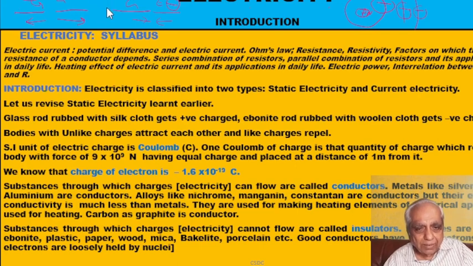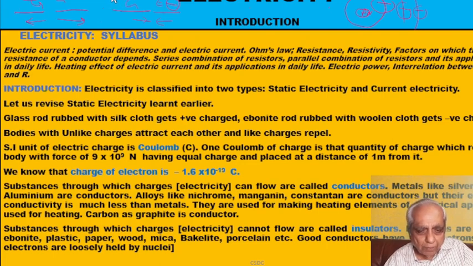As they are weakly held by the nucleus, if we give some energy, if we heat the metal or give some energy, those electrons come out from the outermost orbit and wander in the material. Such electrons are called free electrons. And if we give a positive charge, electrons will get attracted towards that positive charge and they will move in a particular direction. Therefore, as the electrons move, we say they are conductors.